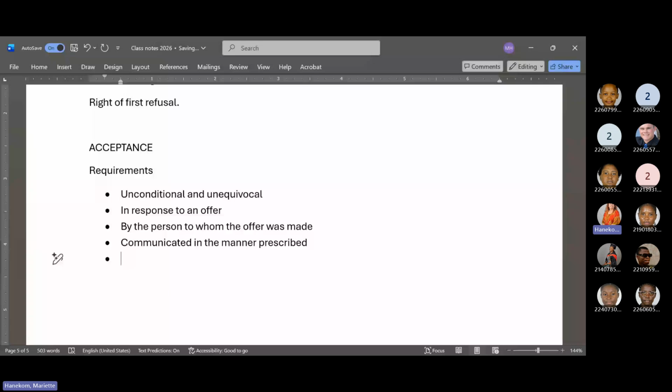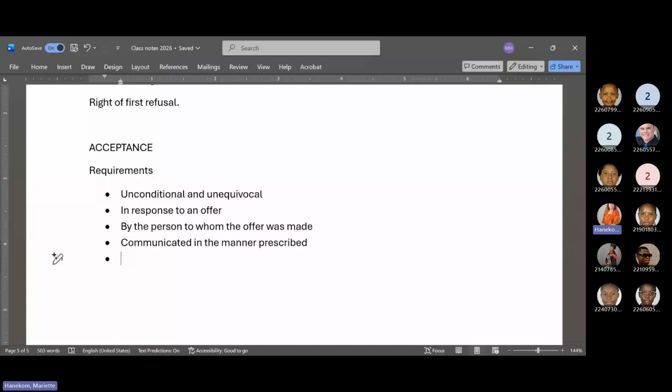If I didn't specifically prescribe a manner of acceptance, then you can accept in the same manner that the offer was made. So if it was a verbal offer, you could accept verbally. But I can make a verbal offer and say accept in writing, and then you have to accept in writing. A verbal acceptance will not be valid.